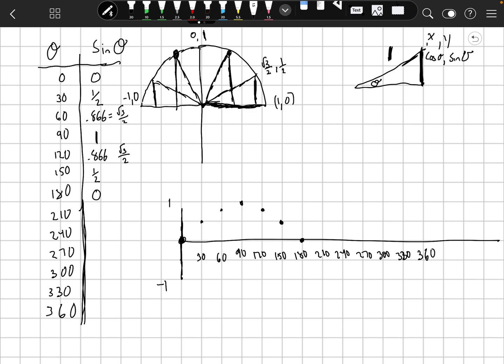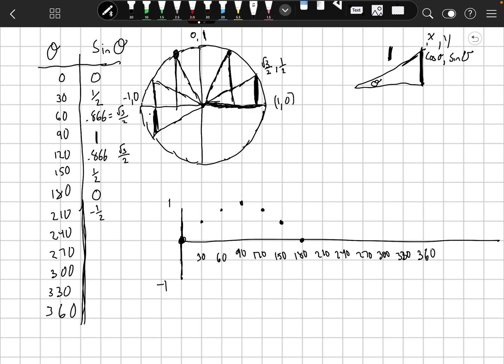210. So 210, let's kind of complete this circle like that. And at 210, that's the reference angle with 30 again. So about right there at 210. This time we're going down this much instead of up that much. So we're going to go -1/2.